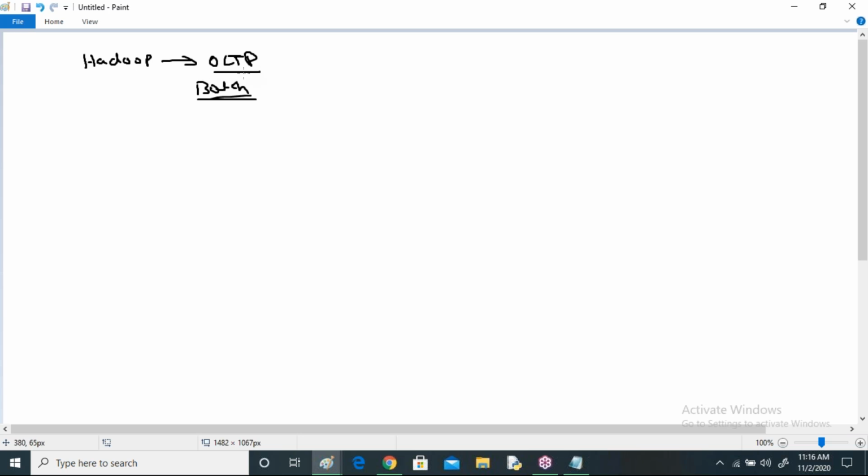It's not for online processing. Online processing means user interactive. Hadoop means batch, which means user non-interactive. OLTP means user interactive, like performing one online transaction. We talked about this in detail in the last session.